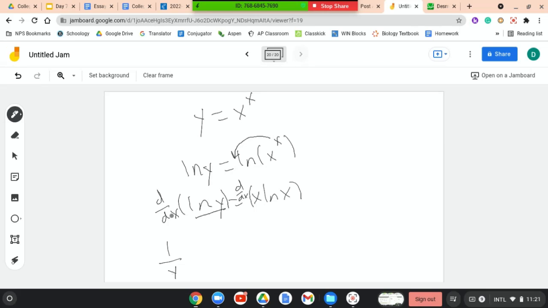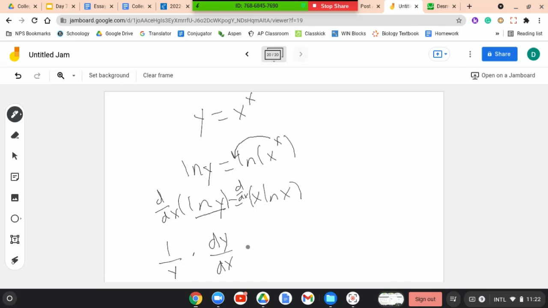Wait, say it again? If we want to take the derivative with respect to x of ln y, we first have to take the derivative. The ln of x would be just 1 over x. So ln y with respect to y is 1 over y. Then we have to multiply it by the derivative of y with respect to x. That's what the chain rule tells us.